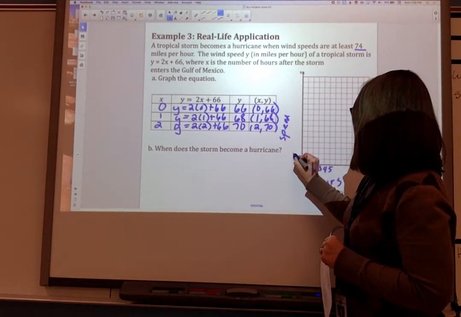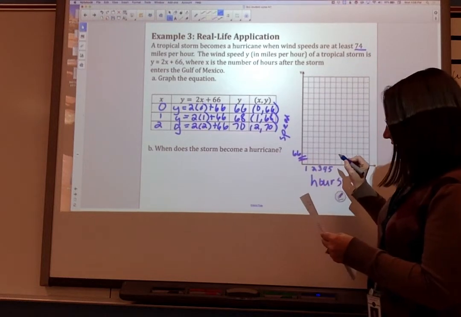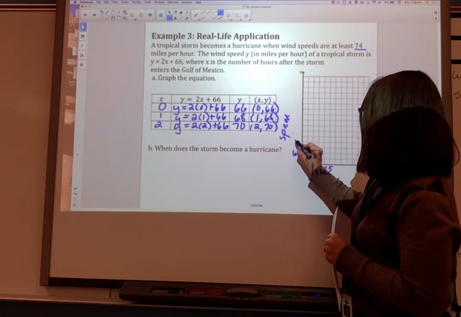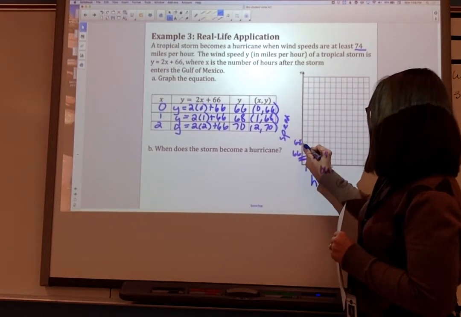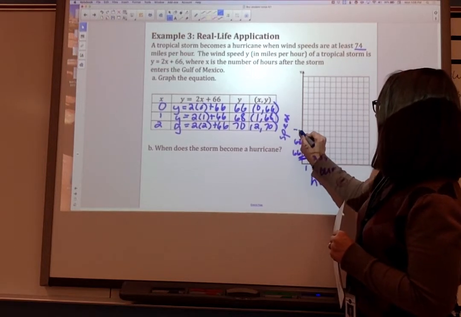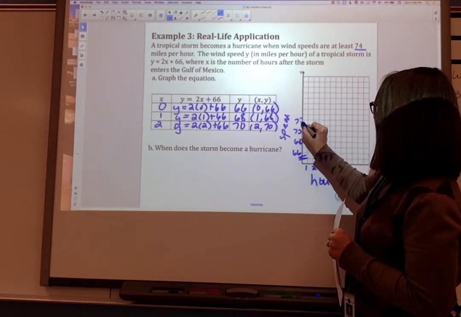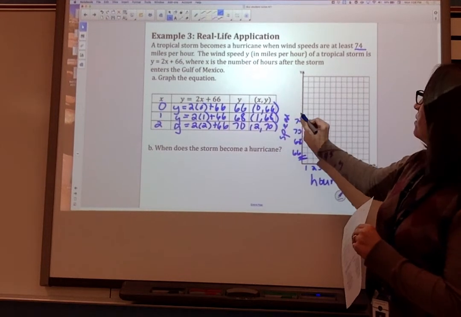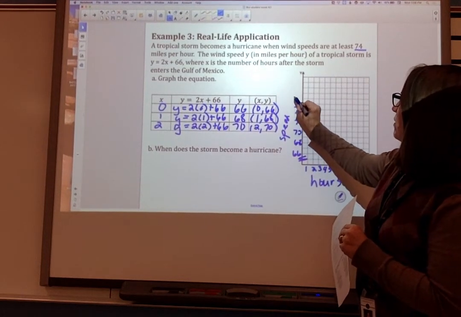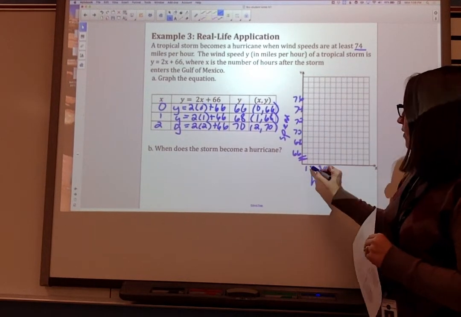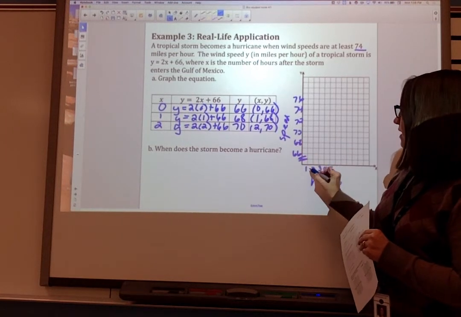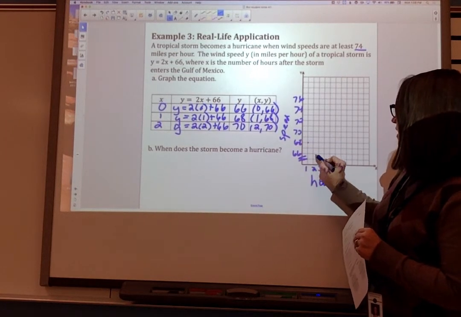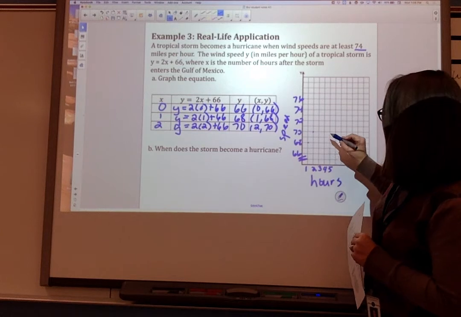So I'm going to put 66, and then I'll label it by 2's. So 66, I'll skip 2, 68, skip 2 to get to 70, 72, 74, 76. Okay, so at 0, we're at 66. At 1, we're at 68. At 2, we're at 70, and so on.